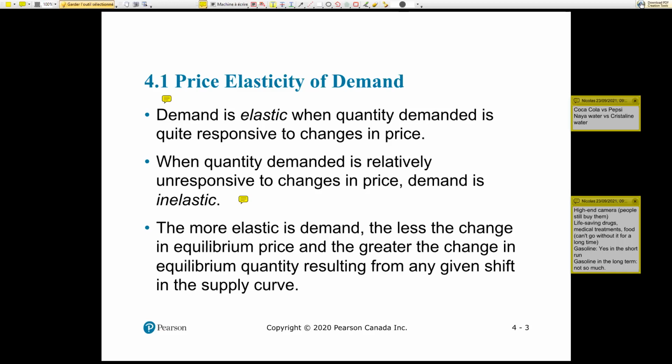Maybe I just keep it in my bank account and go on vacation next year. In that sense, is not going on vacation a substitute for a vacation? I don't know. I just have to be able to change my behavior. But if you have a direct substitute, like Coca-Cola and Pepsi, then of course demand is going to be elastic. That's for sure.